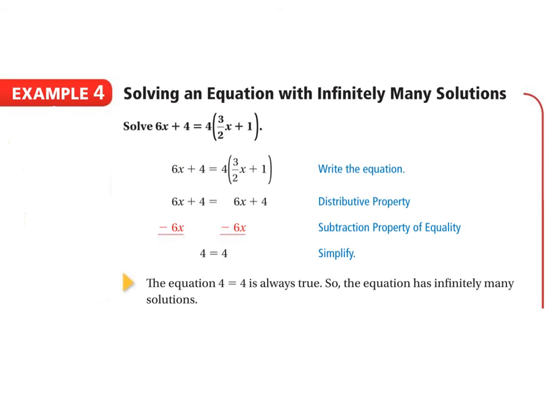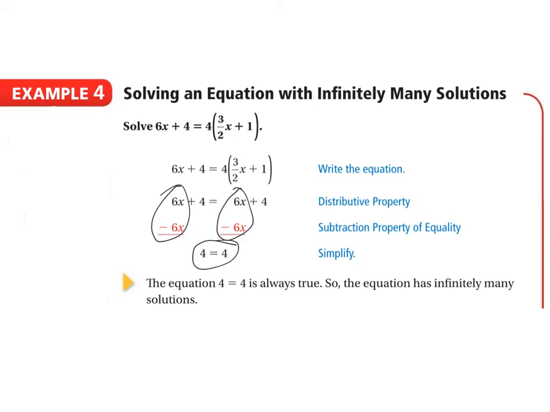Similarly, in this case, I got a little bit more. You can kind of pause this and look at the equation, but we subtracted 6 down here from both sides, and now my x's are gone again. Only this time, 4 equals 4 is true. It is always true.